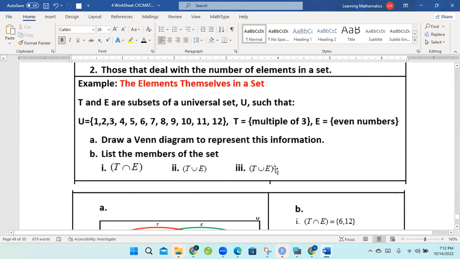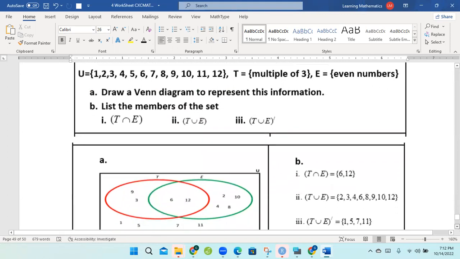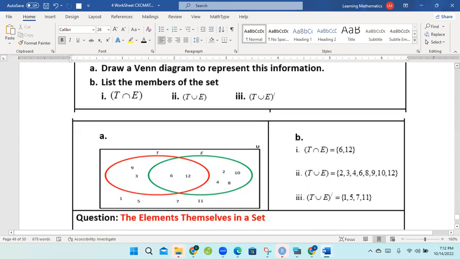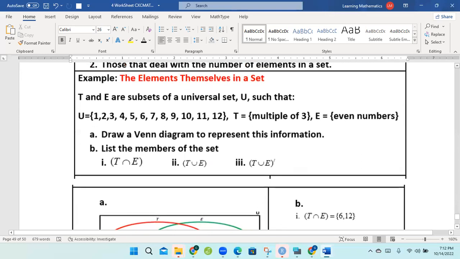So we have to draw the Venn diagram. Here's the example. The Venn diagram is a rectangular box, and in the box you have two subsets interlocking with each other to give the intersection in the middle. T is for multiples of 3 and E is for even numbers.